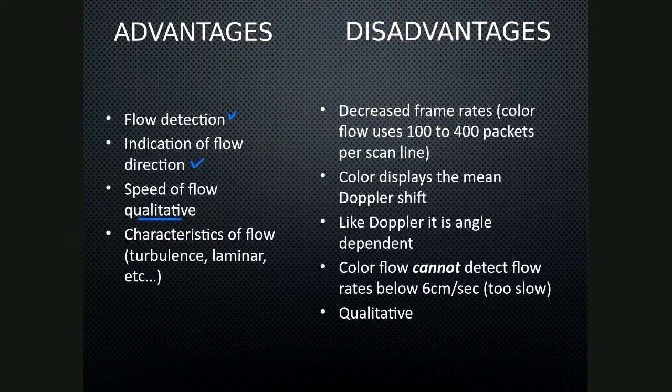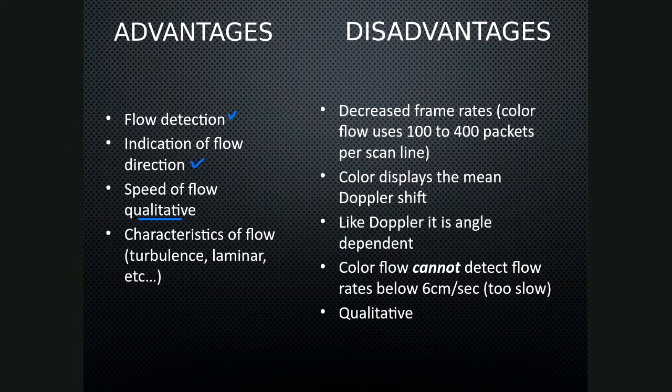So it's a qualitative analysis. That means we can look at it and go, yeah, there's fast flow there, or there's slow flow, but we can't put a number on it. That's what qualitative means. And we can tell the characteristics like turbulent, laminar. That's all in chapter 18, which we'll get into a lot deeper when we do vascular.